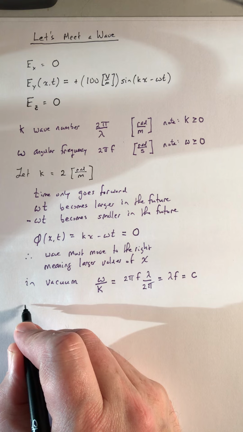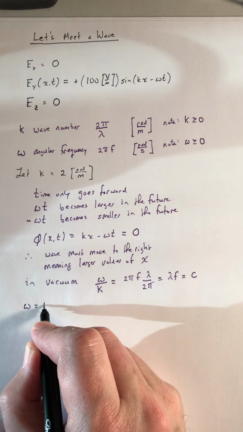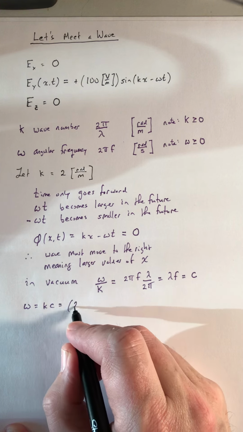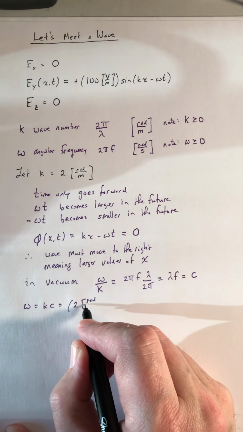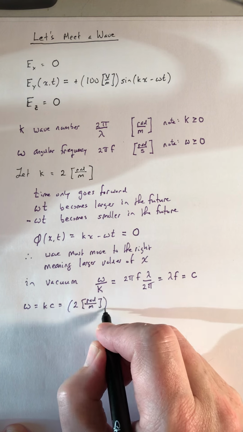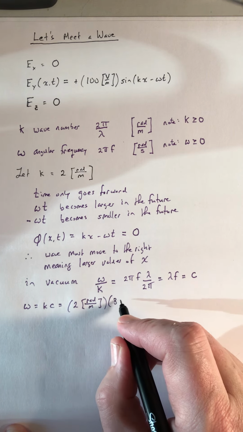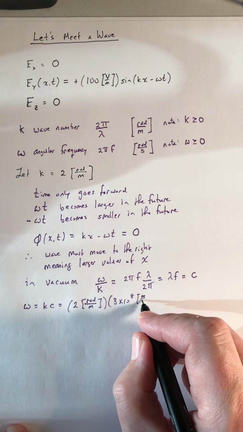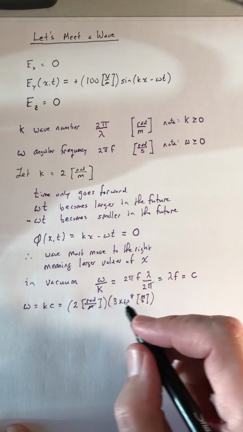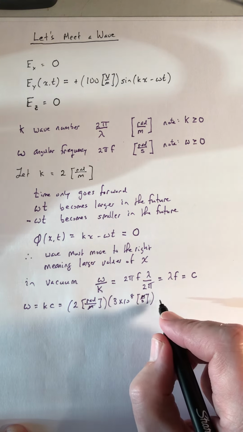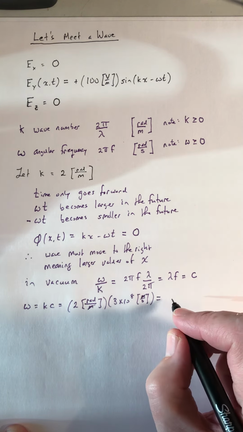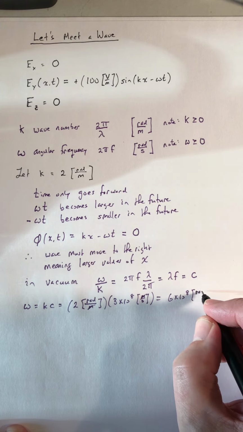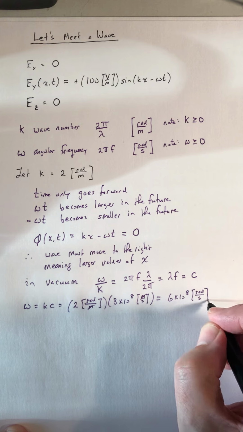So we can find omega as kc. So that's 2 radians per meter, speed of light, 3 times 10 to the 8th meters per second. Meters cancel out. So we have an angular frequency of 6 times 10 to the 8th radians per second.